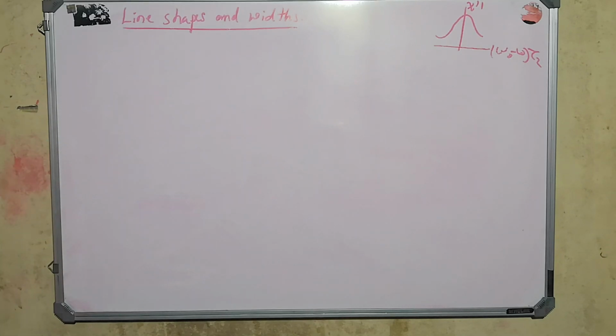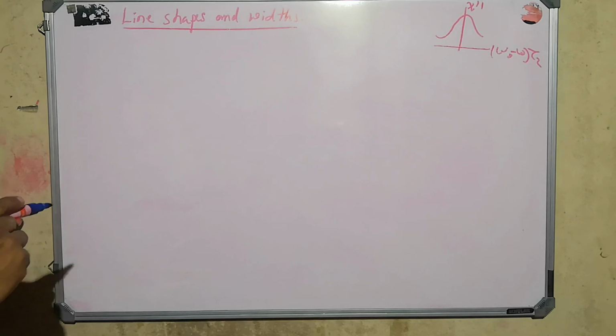The line width of all materials is not the same, being generally much less for liquids and gases than for solids.